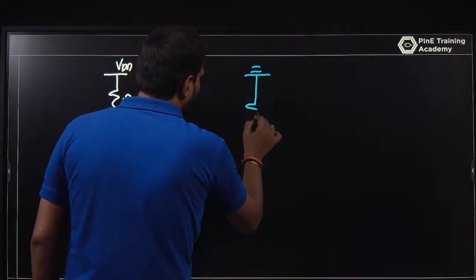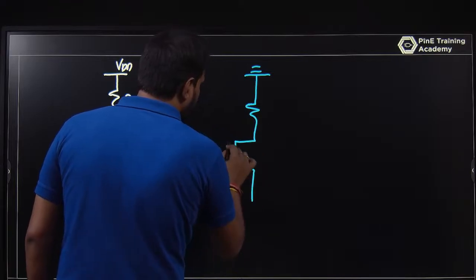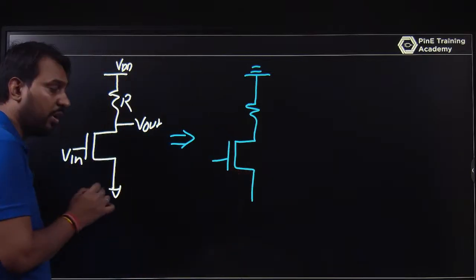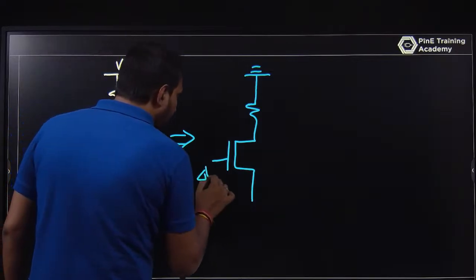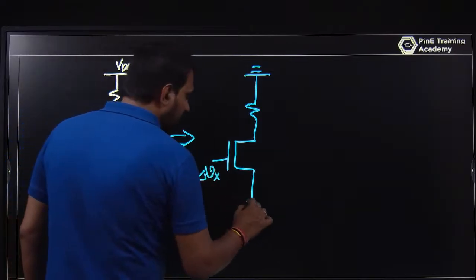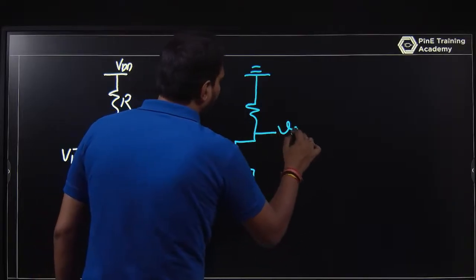This is a resistance and this MOSFET, and here it is not a DC voltage, it has some delta Vx, a small change in voltage, and you talk about delta V out.